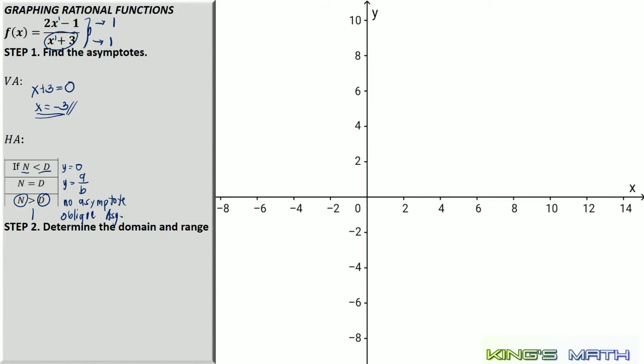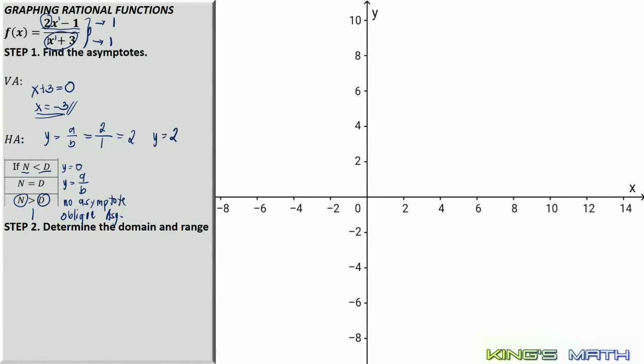The degrees are equal, so we're going to have y equals a over b. a is the leading coefficient of our numerator, and the leading coefficient here is 2. And b is the leading coefficient of our denominator, and the leading coefficient here is 1. So that is 2 over 1, or simply 2. So our horizontal asymptote here is y equals 2.